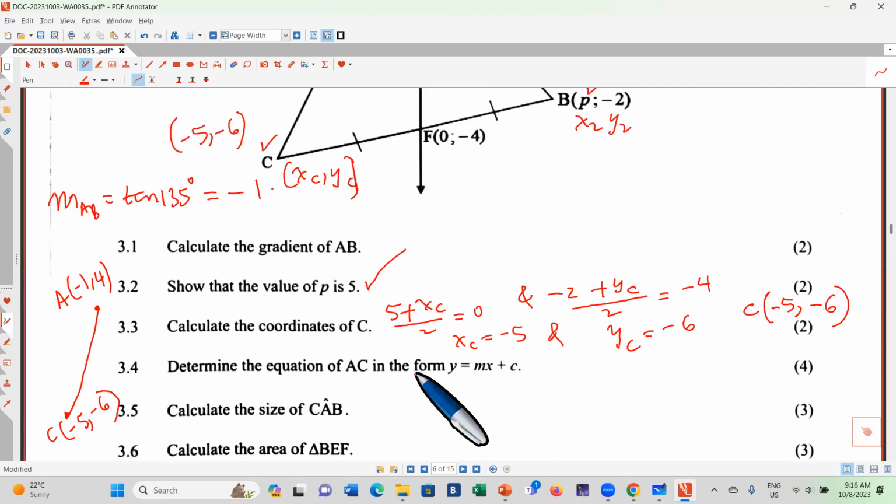We want to find the equation of AC, but to first find the equation of AC, we need to find the gradient of AC. So now we're gonna say the gradient of the line AC is what? Right, so it is x1, y1, and this one is x2, and this is y2. So, okay, at this point, then what is actually y2?